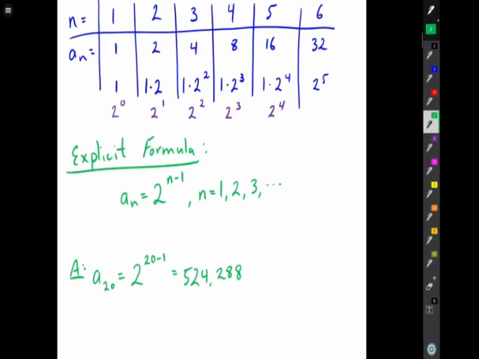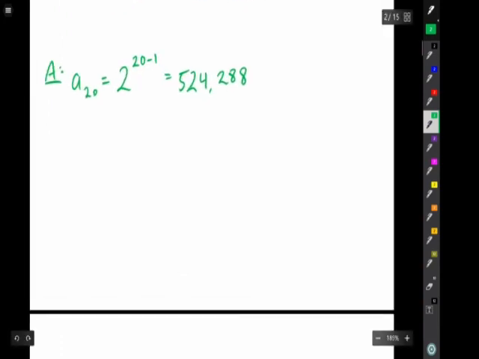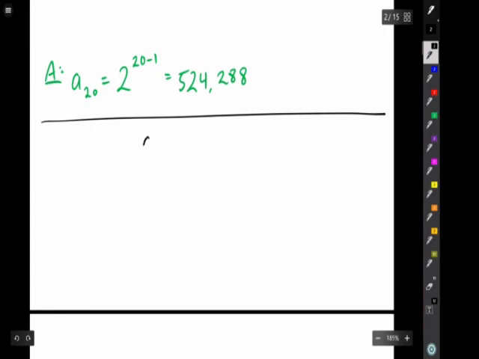So one more thing I want to say in this video here is, if you know your implicit formula, you can always use that to double check your explicit formula. So here we knew that a_{n+1} was 2a_n. We can always verify that our two formulas agree by plugging the explicit formula into the implicit.